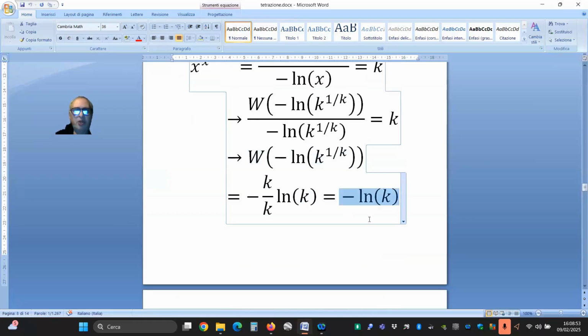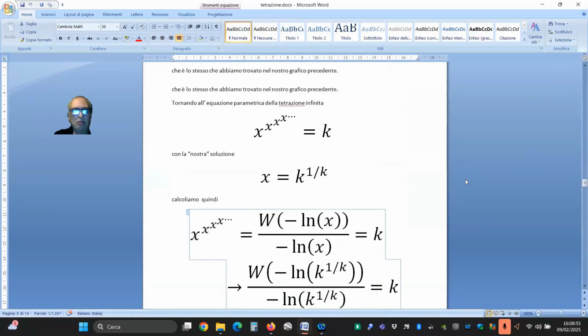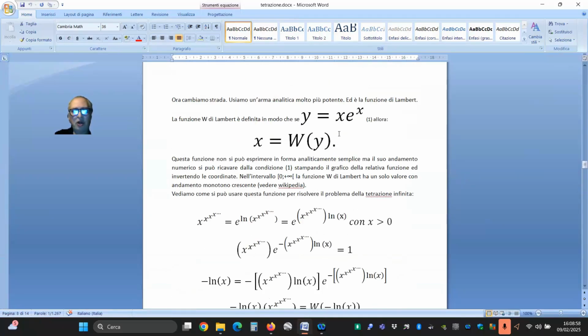This one here. Now, this expression for us is equal in form to the definition of the Lambert function, this one. And we can use the Lambert function in reverse as well, in the sense that if this is true, we can rewrite this again. That is, if this second expression is true, we can rewrite this, which I often call the condition at the base of the Lambert function.